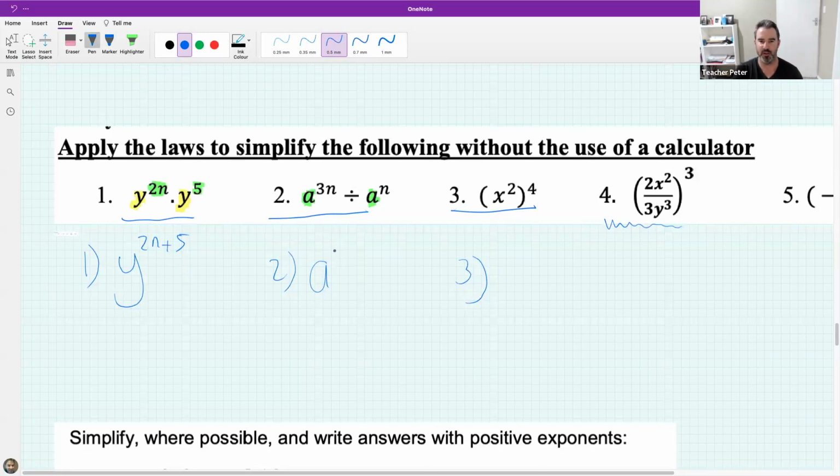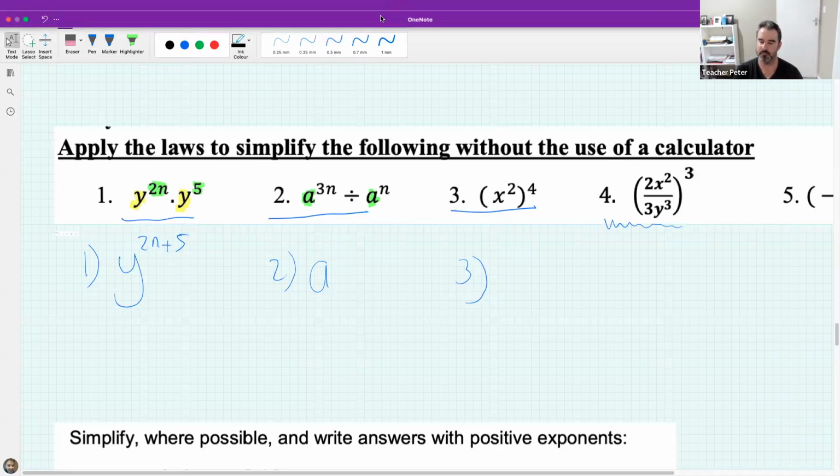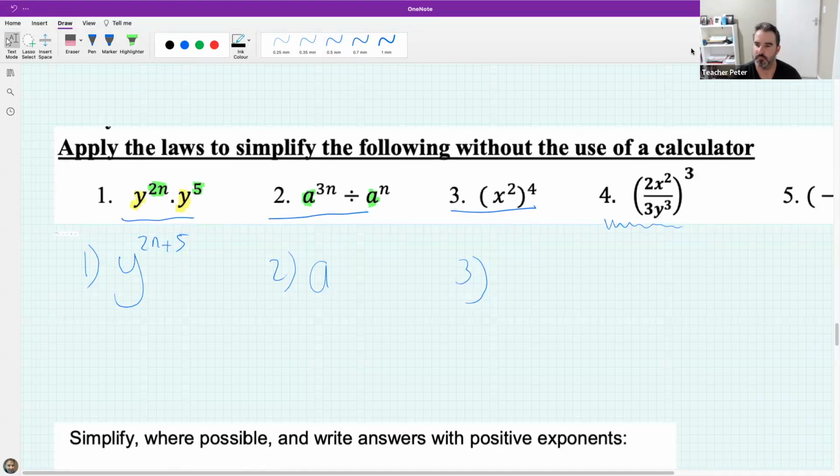What about number 2? What should the answer be for number 2? Okay, so for number 2, we've got a, but now we need to subtract the powers.